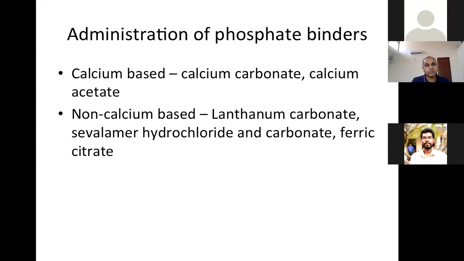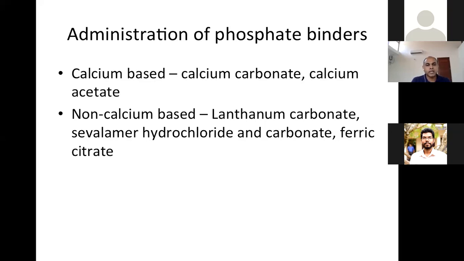There are two types of phosphate binders: calcium based and non-calcium based. The common one available is the calcium based phosphate binder. Calcium carbonate is the commonest one, but you also have calcium acetate.